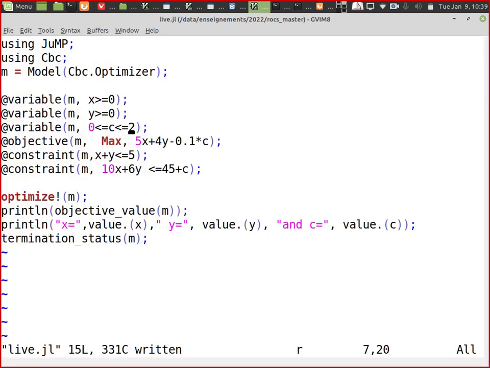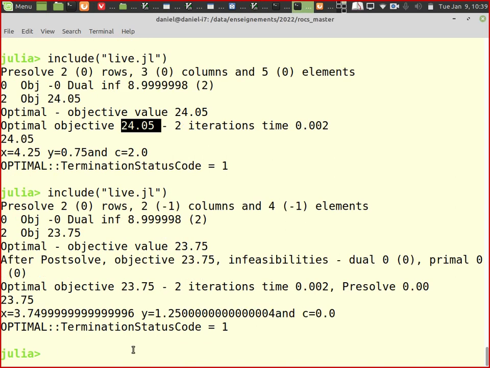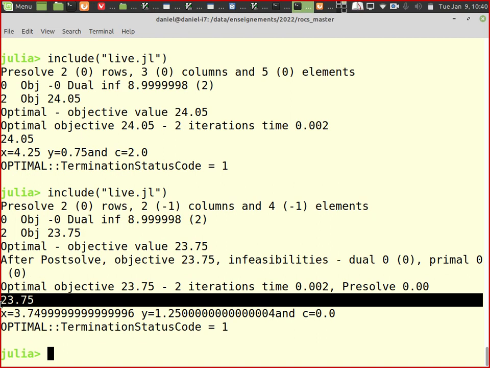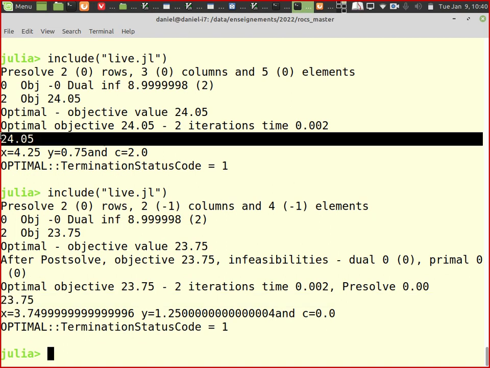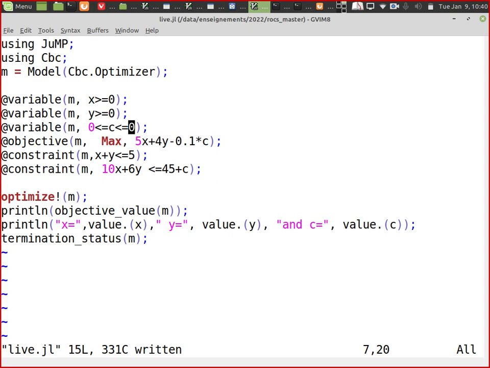Previously, if I fixed c to 0, I go back to the original problem, the objective is 23.75. So by allowing some of the parameters to change a bit, which often happens in real life, the objective function was improved.